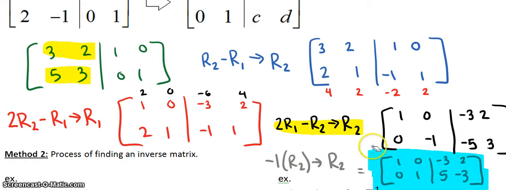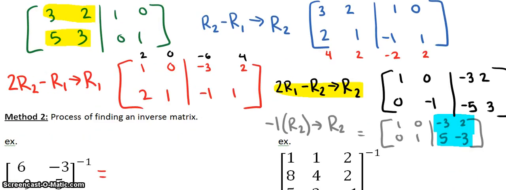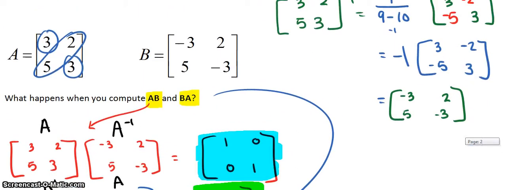And I got the identity matrix on the left, and therefore my inverse matrix is on the right, which we can confirm because we already know the inverse of our original matrix. So our original matrix was 3, 2, 5, 3. Our inverse matrix by Gaussian elimination is negative 3, 2, 5, negative 3, which again we confirmed up here is the inverse of our original matrix because when you multiply them, they undo each other.